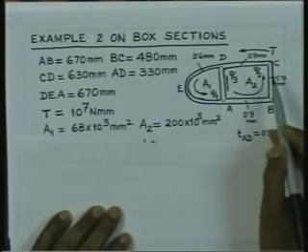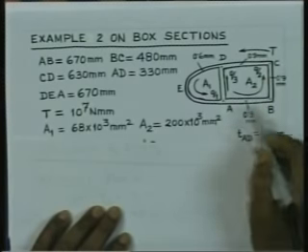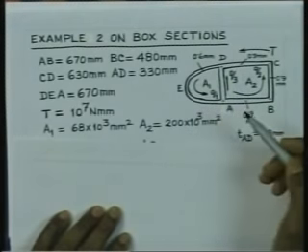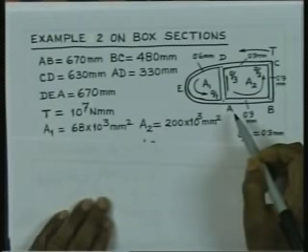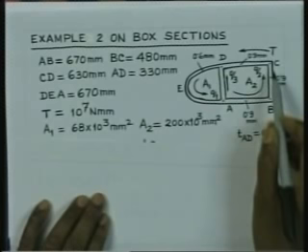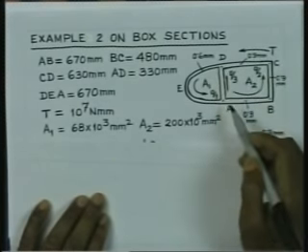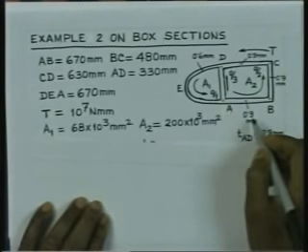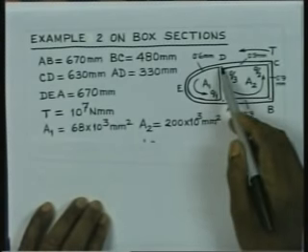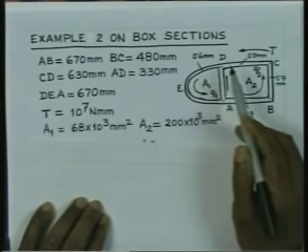We have one cell formed by A, B, C, D, another cell formed by A, D, E. The thickness of the wall A to B, then B to C and C to D, and also from D to A, is the same, 0.9 millimeter, and the portion DEA is of thickness 0.6 millimeter.